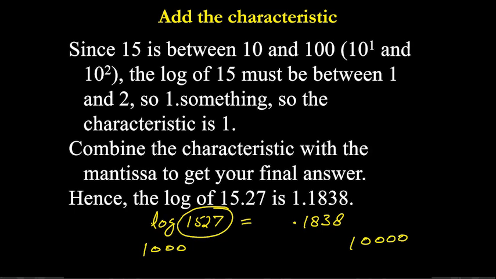So it is greater than 1000, less than 10,000. And we know that the log of 1000 is 3, the log of 10,000 will be 4. It means the log of 1527 will be 3 point something. This mantissa something we have already obtained. It will be 3 here.